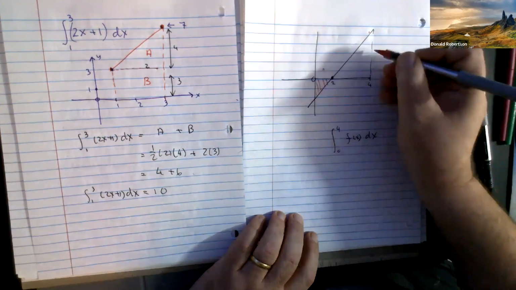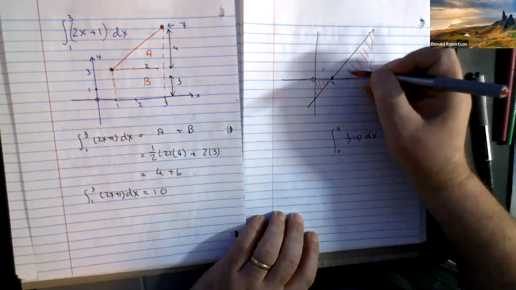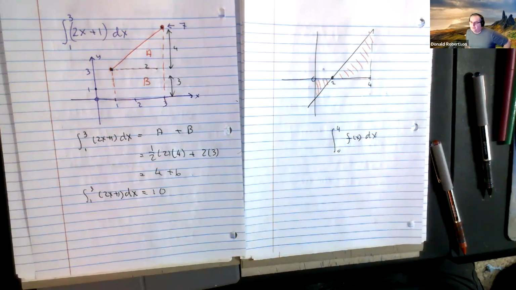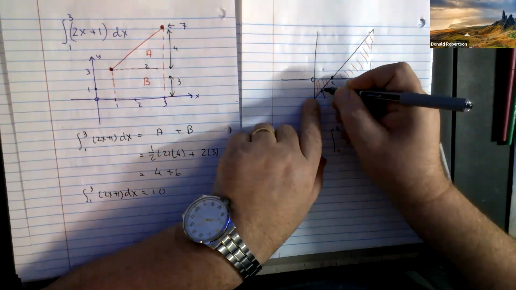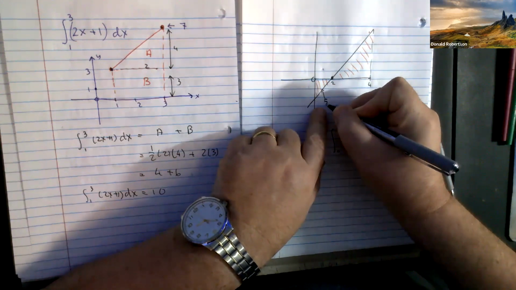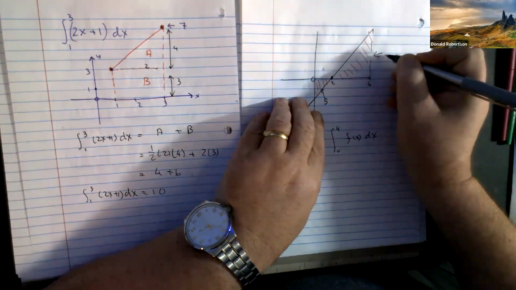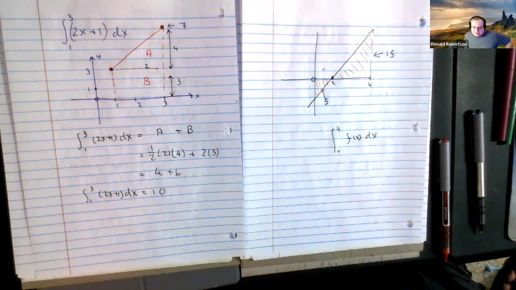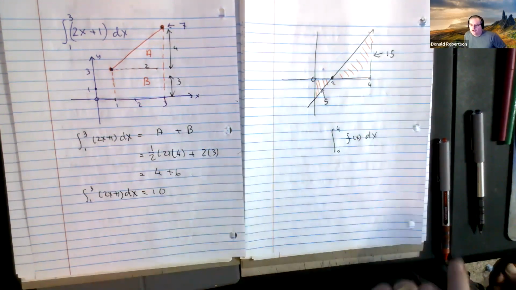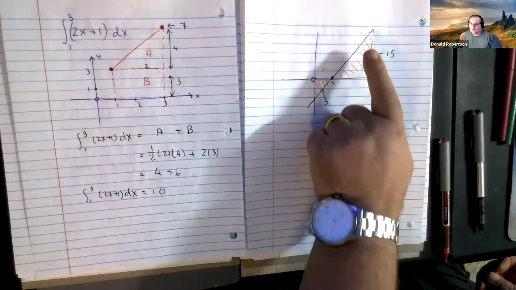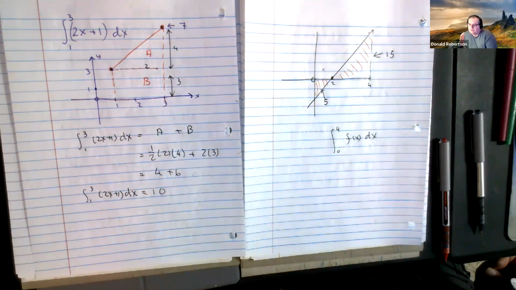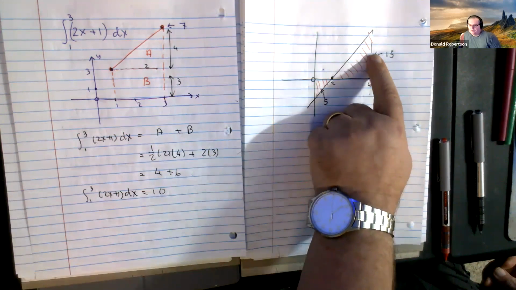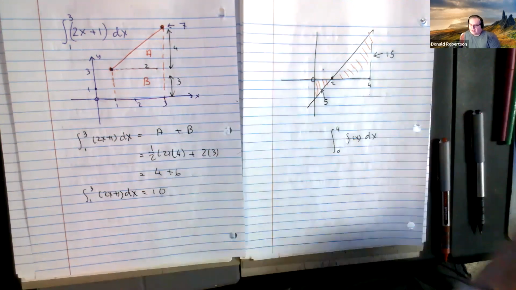Wouldn't you have to break the shape into 2 pieces, both of which are triangles? Let's say, for argument's sake, that this one ends up being 5, and this one ends up being 15. The area under this curve is not 20, right? It's not 15 add 5, agreed? Won't the area under this curve be 15 take away 5, which is 10?